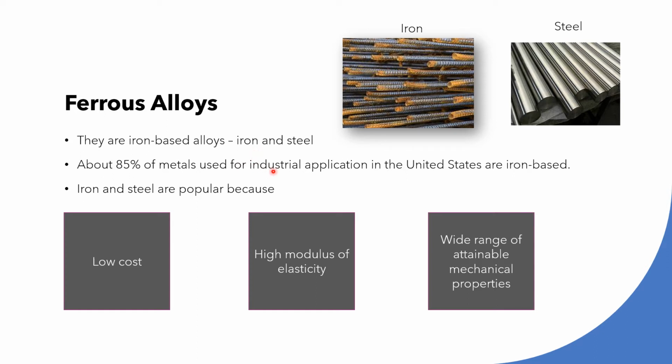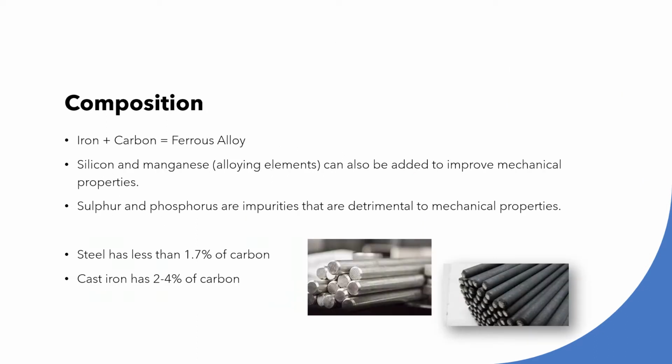We can control iron, so we can increase this modulus of elasticity in there, okay? And they also possess a wide range of attainable mechanical properties. Attainable meaning we can make it happen.